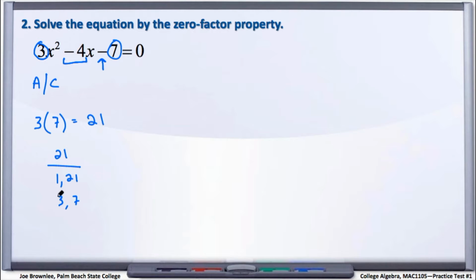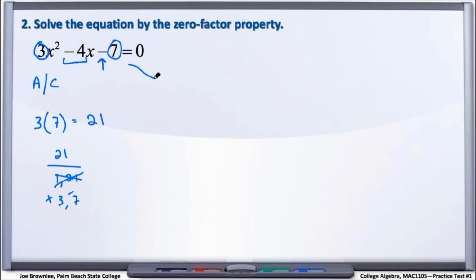I don't think we're going to get -4 with a 1 and 21, but we can definitely get a -4 using a 3 and a 7. If we want -4, we have to make the 3 positive and the 7 negative, right? Positive 3 minus 7 does indeed give us -4. And so I think we found a winner.